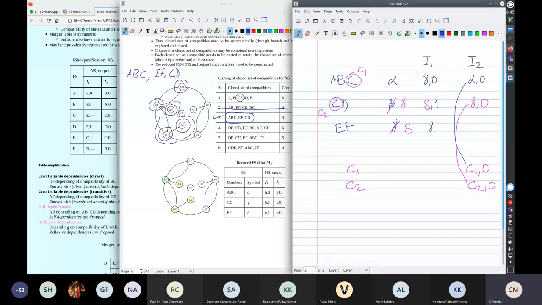Alright. And if you consider gamma, in other words, this transition, if you look at the constituent transition there, E is going to C with an output of 1.